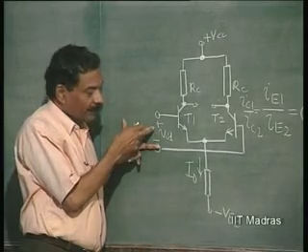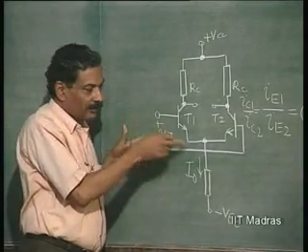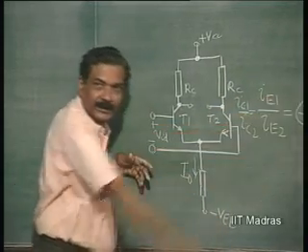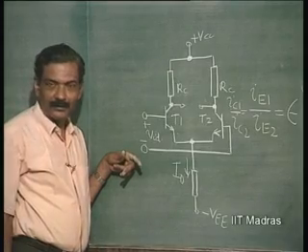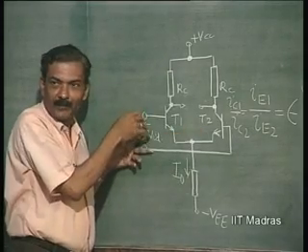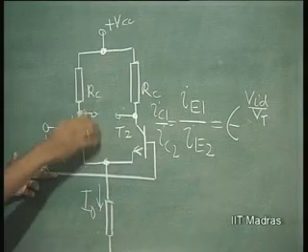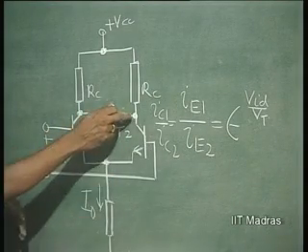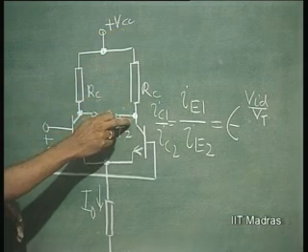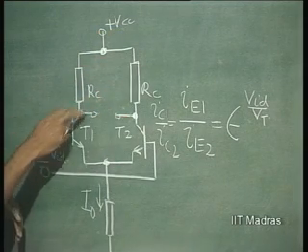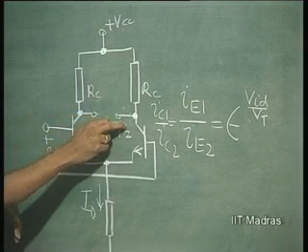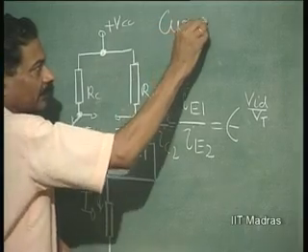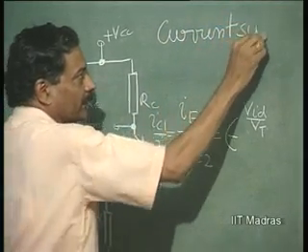Then if I make VID negative, this current will increase, this current will decrease as determined by this ratio, right. And this will keep on increasing if I make it more and more negative, and ultimately T1 will go to the off state and T2 will take the complete current, and this voltage will be VCC minus I 0 RC, and this will be VCC, and V 0 will be I 0 RC, and this is called current switching.